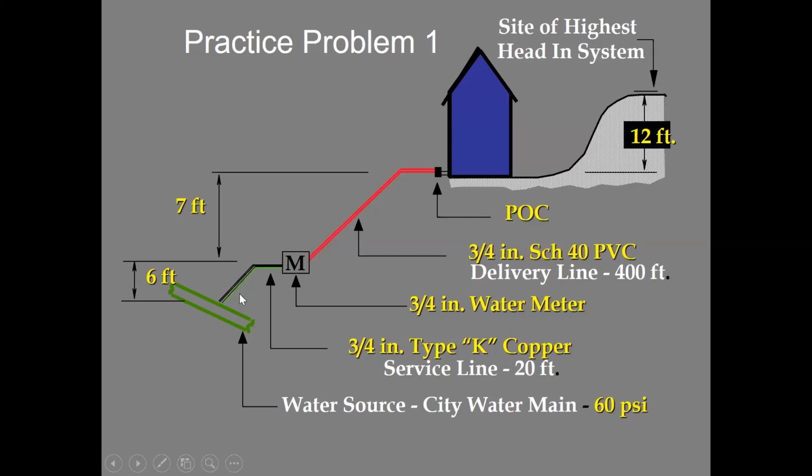If I knew we have 60 PSI, good, we have 60 PSI to work with here. No, we don't, because once we go through all of this, we lose a ton, plus getting to this point, you're going to lose even more. So if we're designing a system or even adding on to a system, we're going to have a known pressure, and we have to work off that pressure to see if it's even possible.